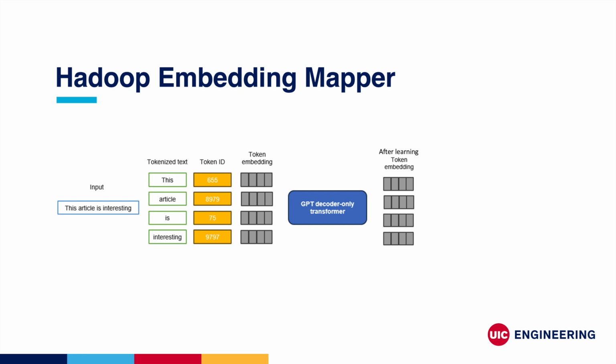About our program 2, the Hadoop embedding mapper, which takes in the input string, which is a large corpus of data. The data is then converted into tokenized text, where each word is unitized, and we'll convert this tokenized text into token IDs using an encoder. Then we'll convert it into token embeddings, and we can also define the dimensions here.